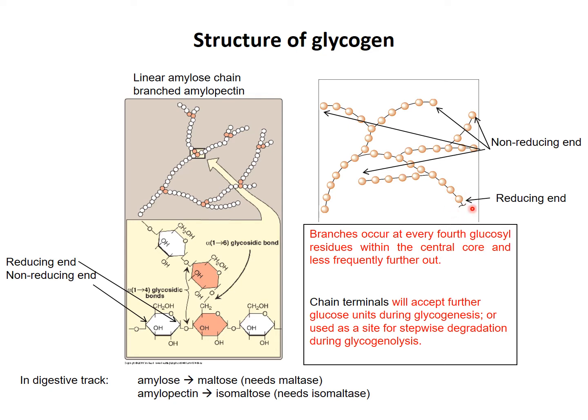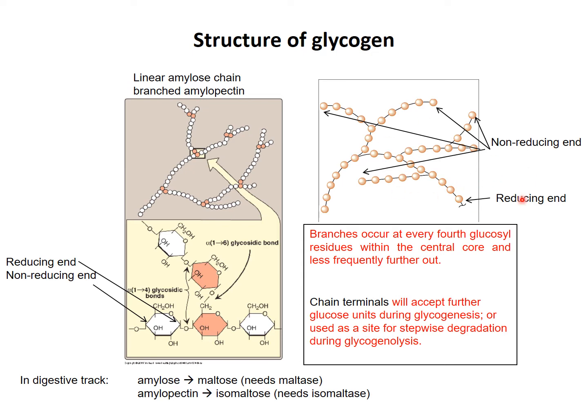So the first reducing end is the starting glucose unit, and from there an amylose chain is built, which then builds a junction point, a branch point where another amylose chain can start, another branch point, other amylose, and another amylose branch.